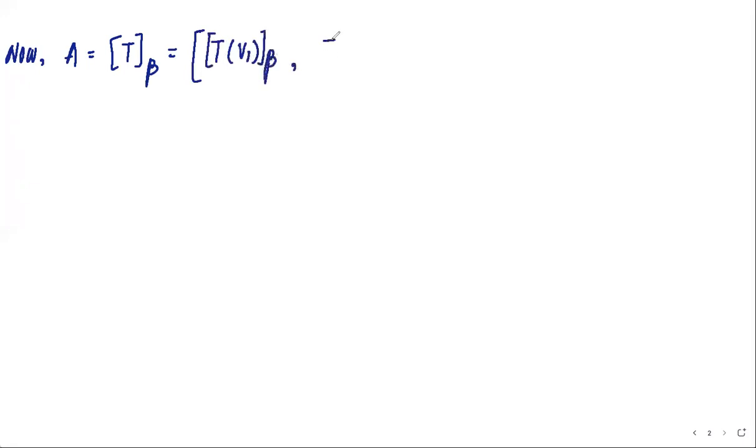The second column is the coordinate vector of T(v2) relative to the basis beta, and so on. And similarly, the last column is the coordinate vector of T(vn) relative to the basis beta. So this is how we define the columns of the matrix A.